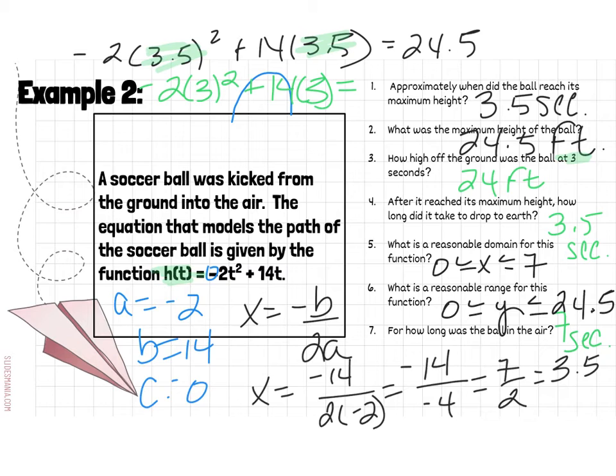Okay, so that's just like when we were doing key attributes, you would have said the range is y is less than or equal to 24.5, but this soccer ball isn't getting drilled into the ground, so there are no negative values for y, so we're cutting it off at 0. Okay, so this is all well and good. You know how to do this, so that was a little bit of a review, but in the end, you can just put it in Desmos and get your answers that way. There's nothing wrong with that.